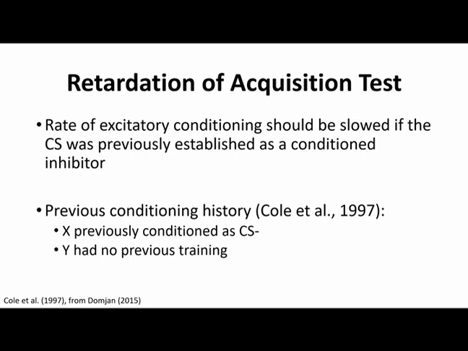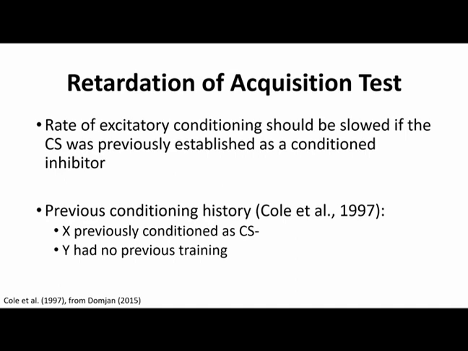The idea here is that if a stimulus actively inhibits a particular response, like X did for the previous experiment, then it should be especially difficult to turn that stimulus into a conditioned excitatory CS.